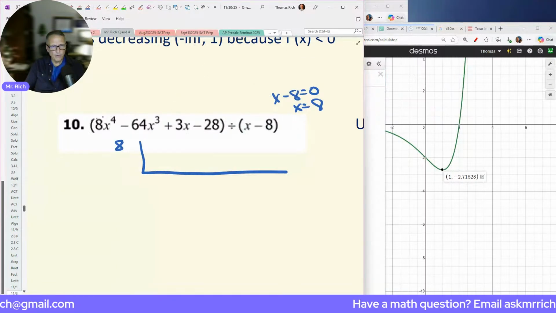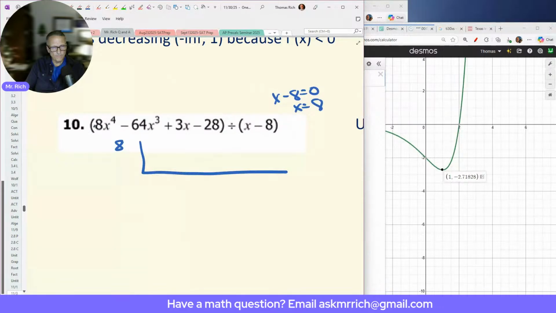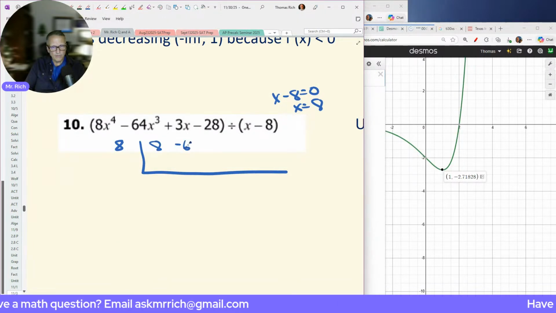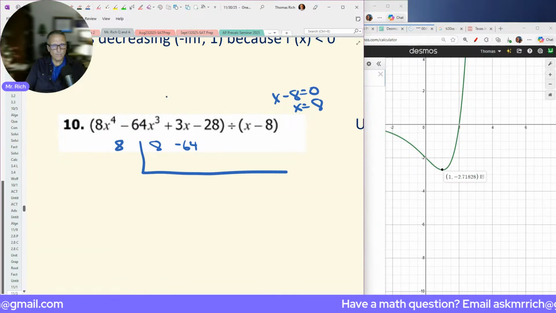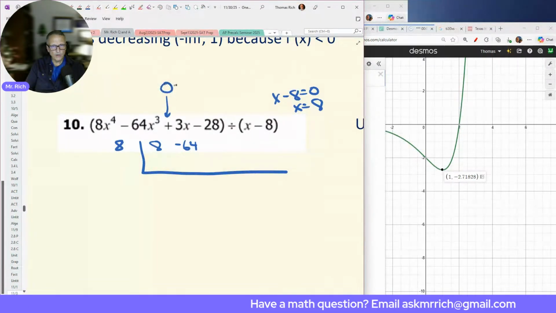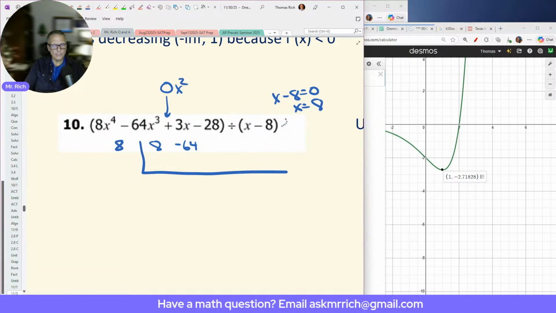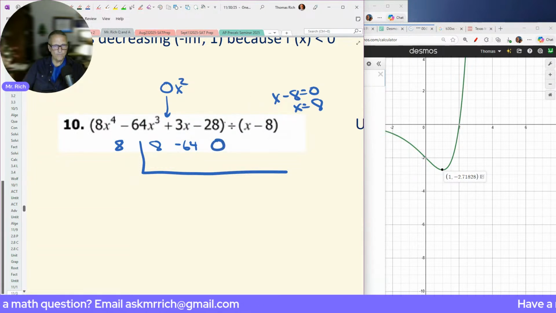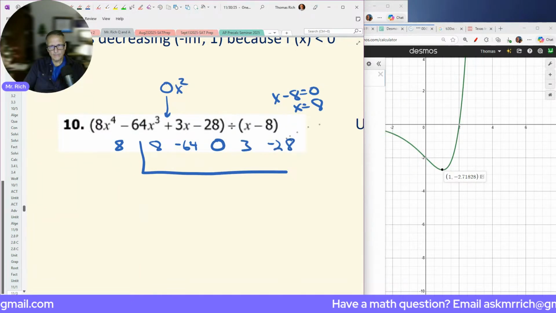To divide, we're going to pull the coefficients off of our quotient here. So we have an 8. We have a negative 64 in front of the x to the third. Notice, though, that we are missing an x squared. So that would be a 0x squared. So we have to fill in that missing term with a 0. Then there's a 3. And then there's a negative 28.